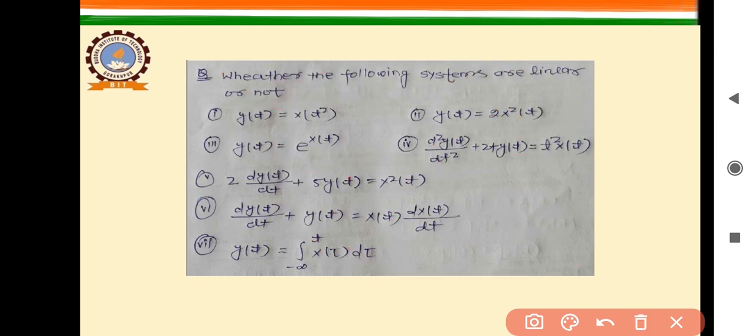Here, because these two terms are multiplied, it will give non-linearity also.